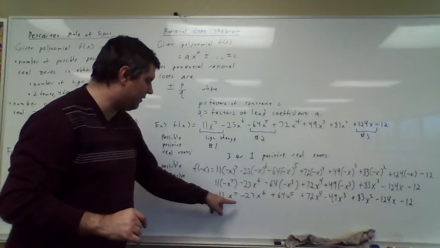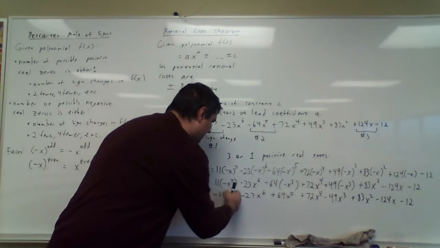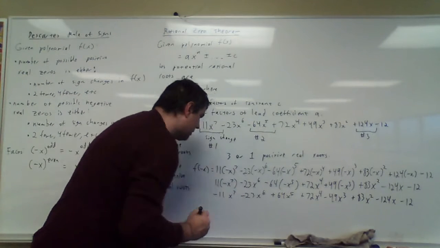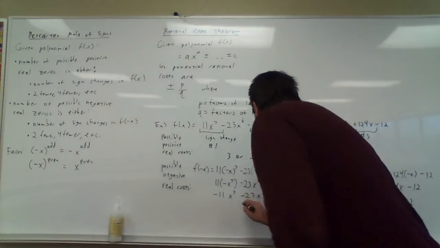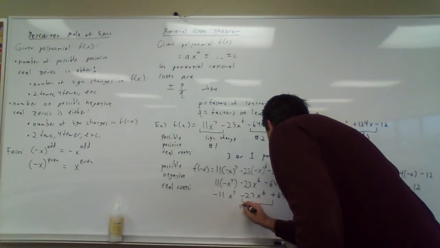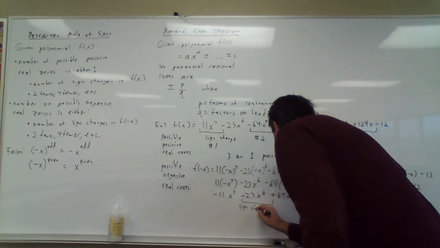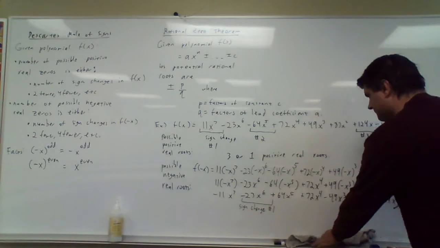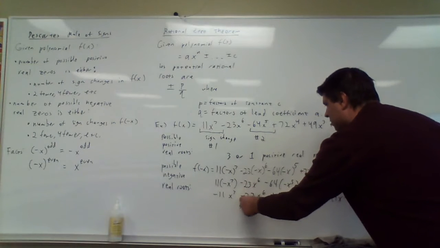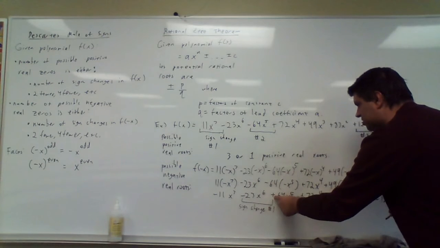That's negative to negative, so that's no change. You write that more leisurely. So that's negative to negative, no change. Negative to positive. Sign change number 1. So negative to negative, no change. Negative to positive, that's the first change.